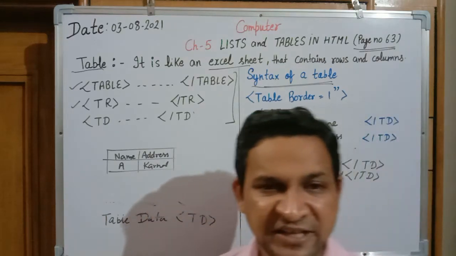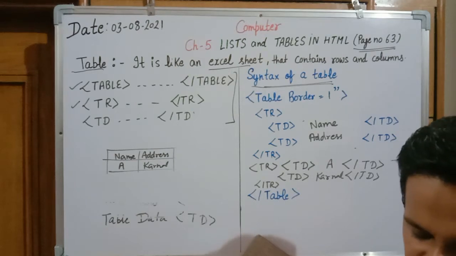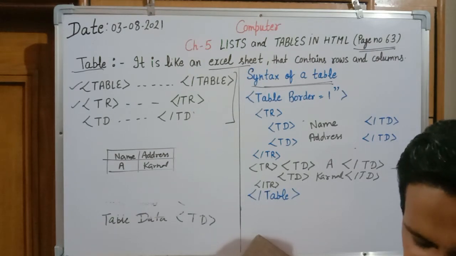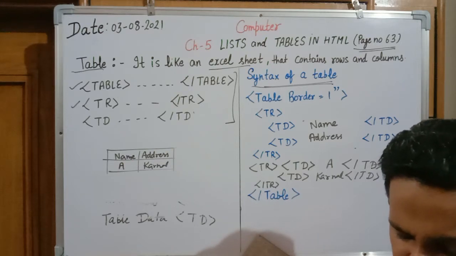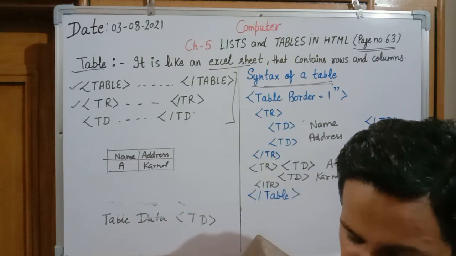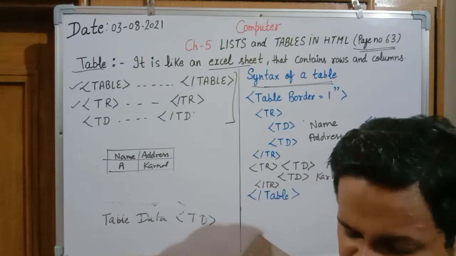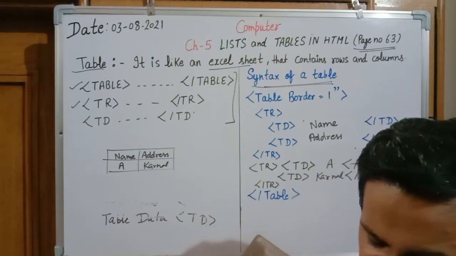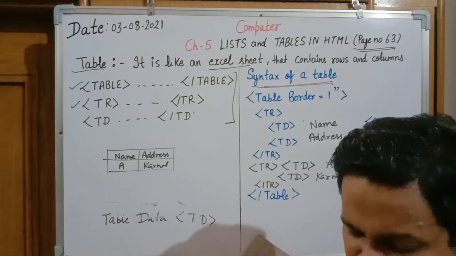The tag used is the HR tag, known as the horizontal rule tag. HR align is center, size is 8, width is 100%, and color is maroon. It will create a maroon straight line across the full page because the width is 100% and the size is 8 pixels, and it will be displayed in the center position.